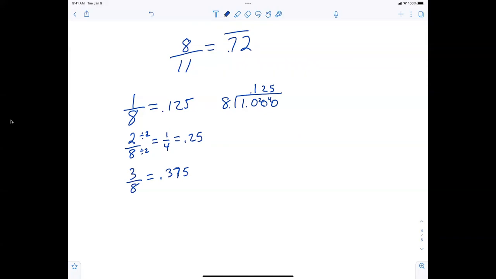That's right. 1/8 is 0.125, so 3/8 must mean there's 3 of the 0.125s, and 3 times 125 is 375. Or I can just add these two things together, 0.25 and 0.125, to get 0.375. Everybody with me on that?